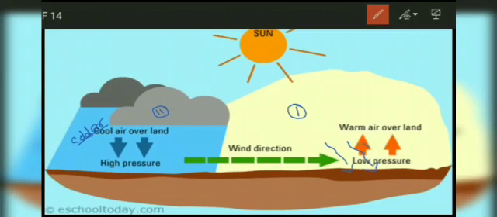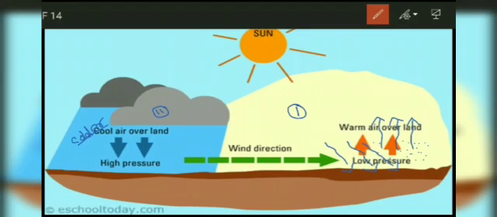Since the sun rays have fallen directly at these places, it has warmed up the air molecules present in this place. This air has risen upwards because it is warmer, and warm air always rises upwards.